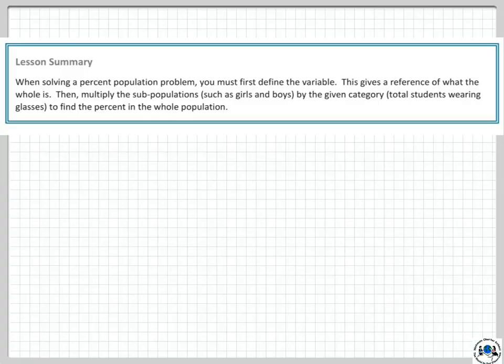So 48 minutes. We're going to get done in 50 minutes here. This is really going to be a quick little lesson summary. When solving a percent problem, or percent population problem, you must first define the variable. Define what we are going to use as our 100%, or our reference point.